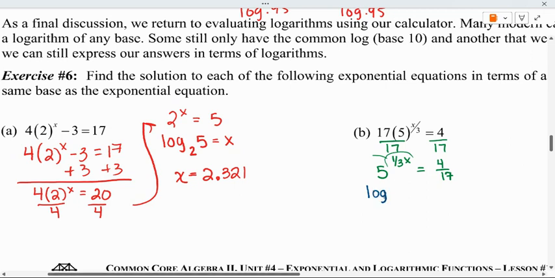So log base 5 of 4 divided by 17 equals 1/3 of x. How do I get rid of this 1/3 in front of my x? Multiply by 3. Whatever I do on one side, I have to do on the other. So 3 times log base 5 of 4 divided by 17 equals x.